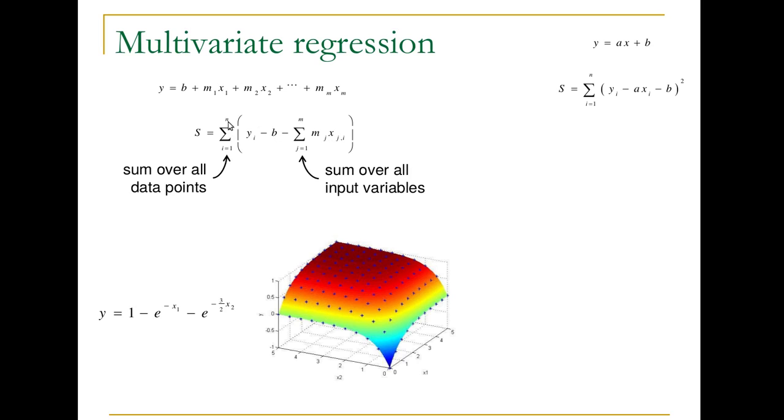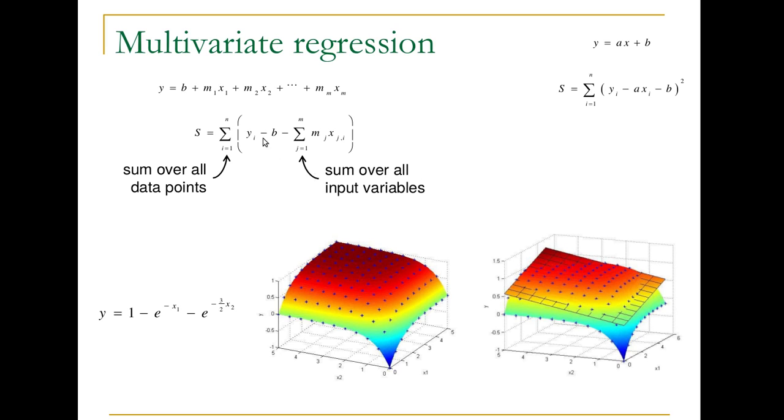So this is for all the data points, and then this summation is for all the independent variables. But whether or not we have one independent variable or m independent variables, the process is the same for finding the coefficients. We take the partial derivatives of our cost function, set them equal to 0.